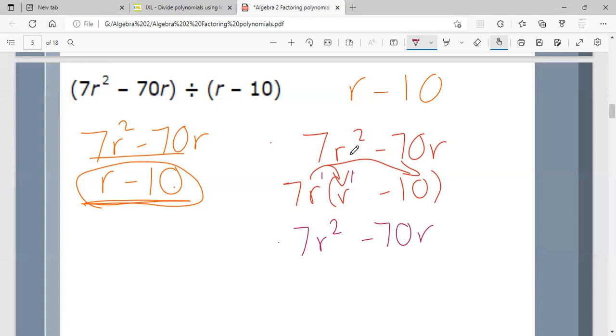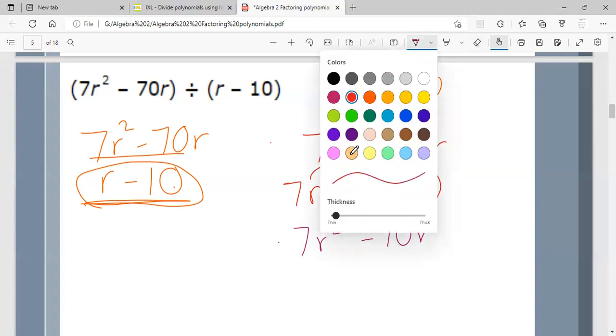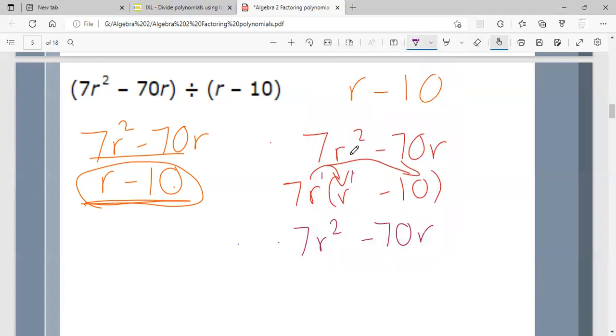So now with that being said, let's go ahead and pull this together. 7r. So 7r is the thing that I pulled out in front of the numerator. So r minus 10. And y'all gotta forgive me about my handwriting.